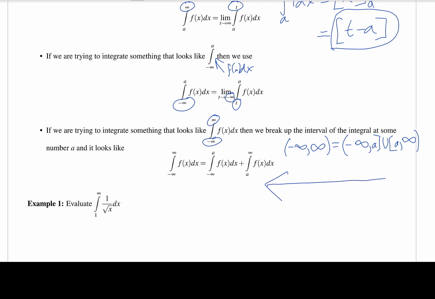Right, so imagine we've got a number line, and this is like negative infinity, infinity, and then maybe I choose like a equals 0. And so I'm kind of evaluating one integral over here, right? So maybe that's this integral, and then another integral over here. Often we will use a equals 0 just because it's a really nice thing for us to plug in when we're trying to evaluate.